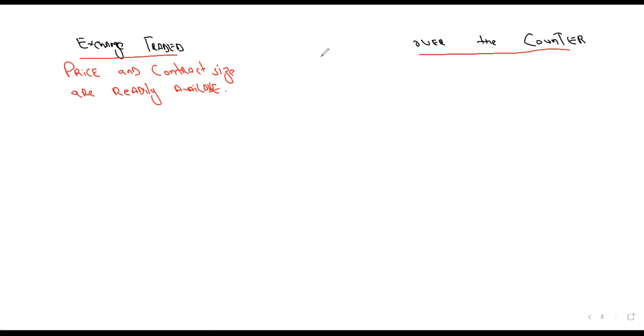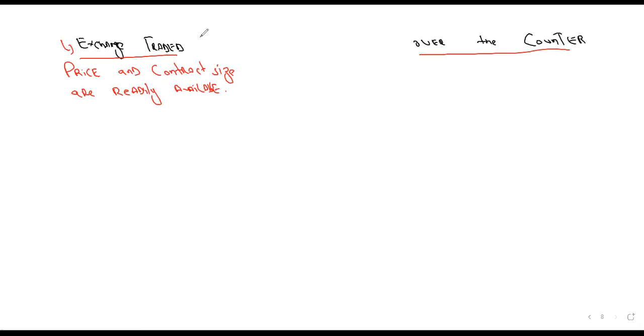So exchange traded options are which one, American or European?